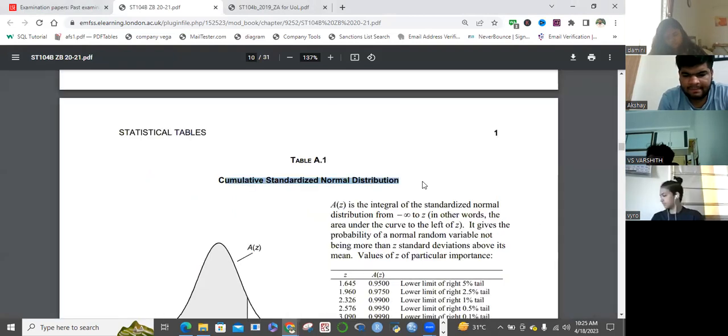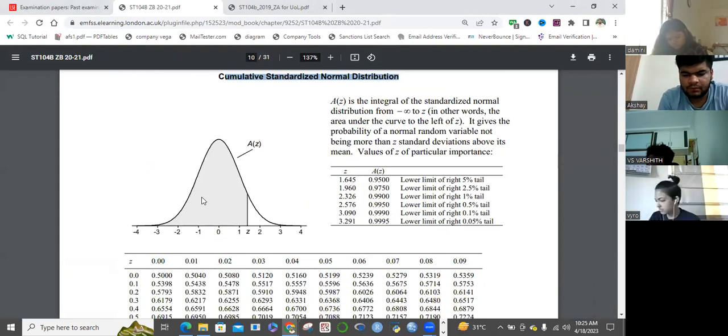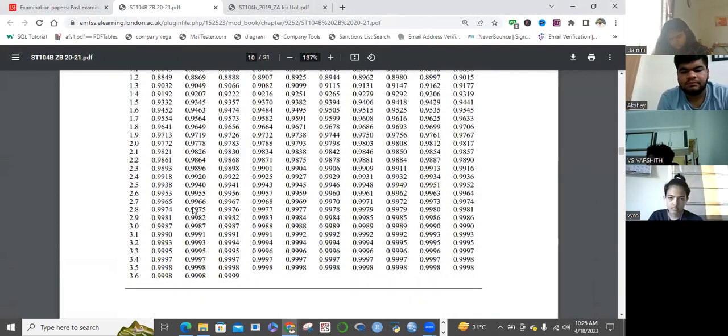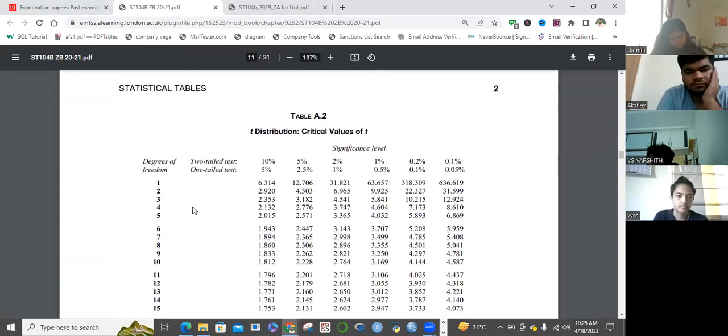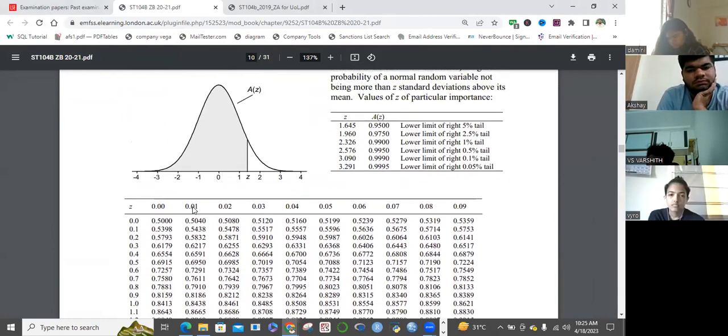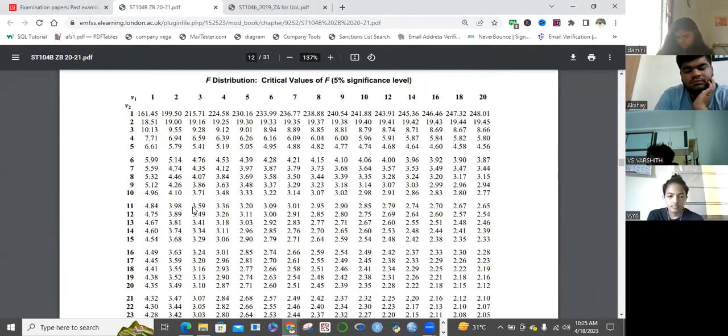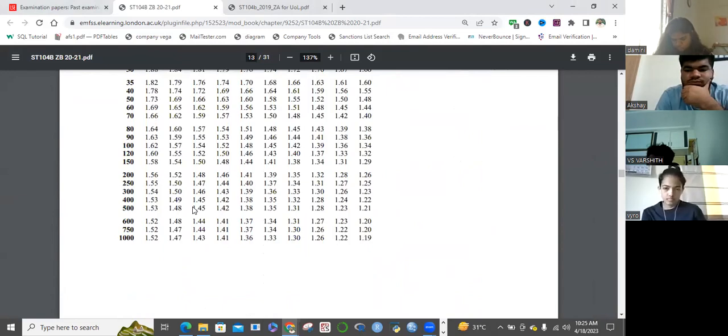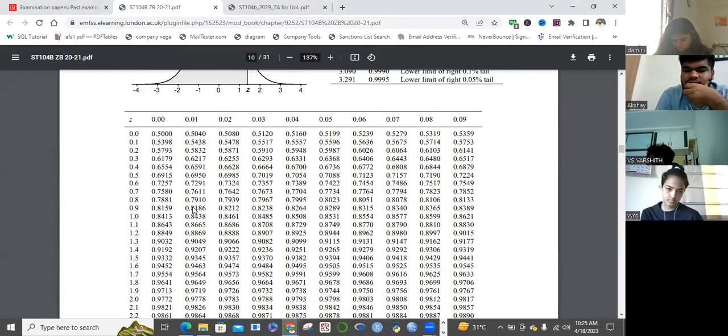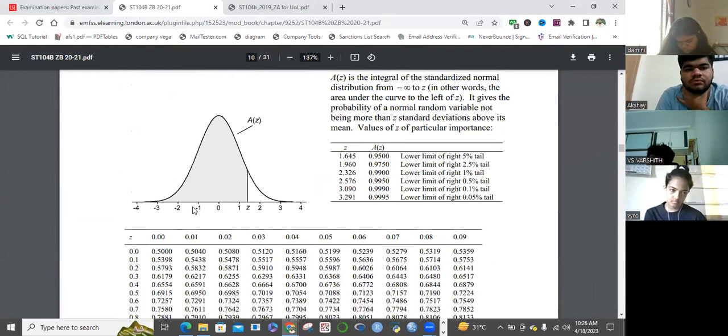This table is giving you left hand side area. They have not given you the right hand side area table. So we'll have to keep in mind both the graphs as well as what the table is about. We'll also have to keep in mind the graph that's been given, whether it's the left hand side or the right hand side. Absolutely.